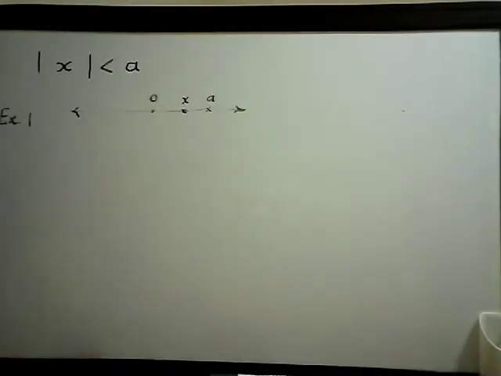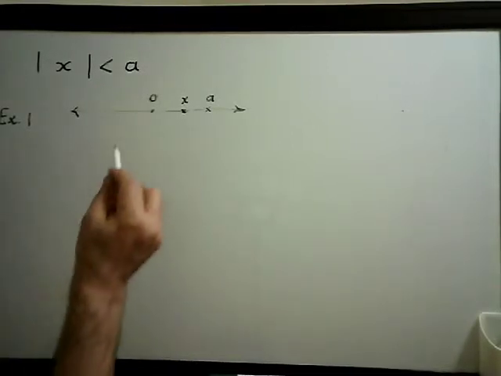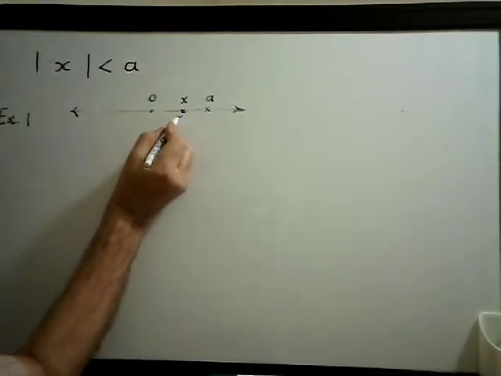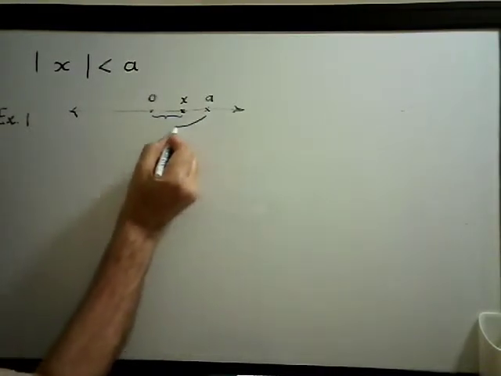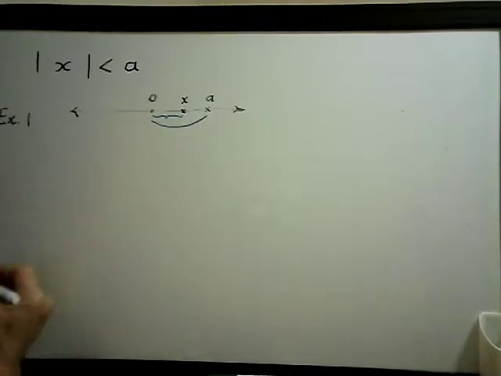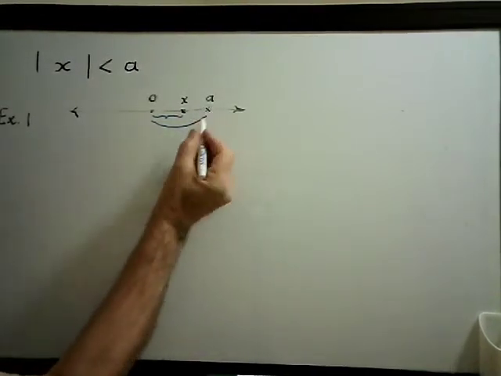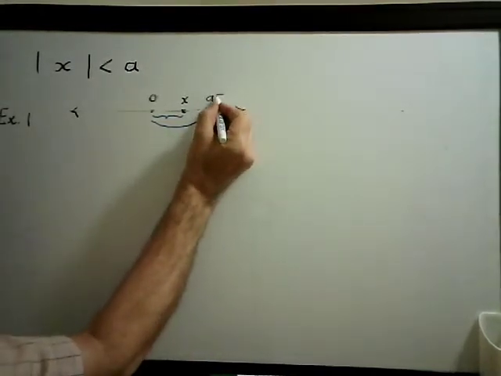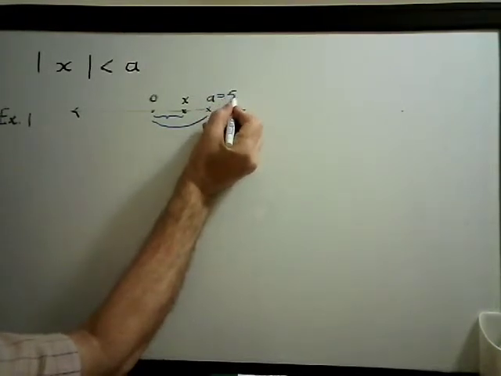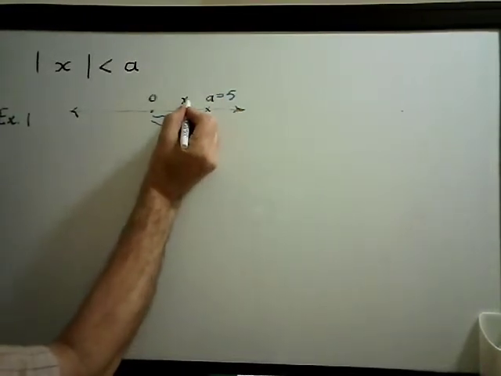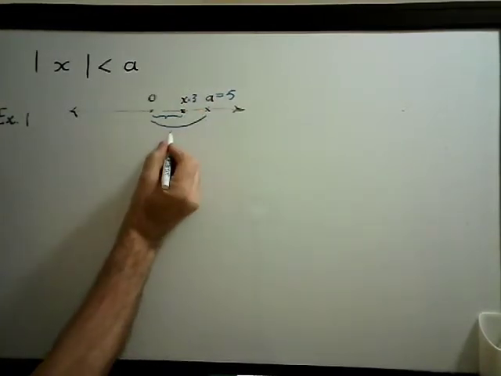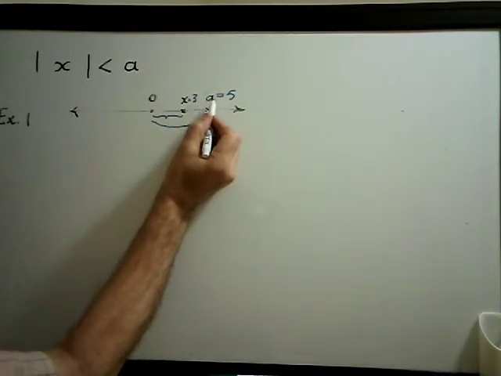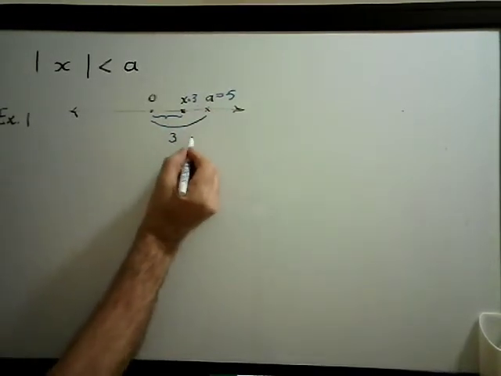You see, the distance between 0 and x is less than the value of a. Consider a is like 5, for example, and x here is just 3. So x is 3 and a is 5, so 3 is less than 5.